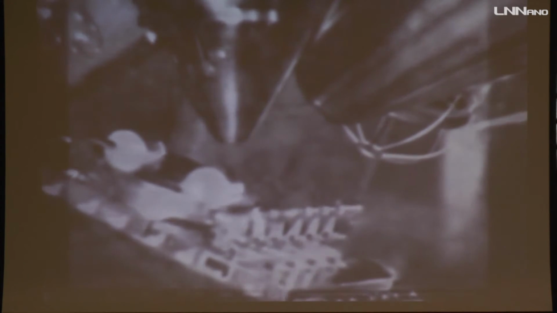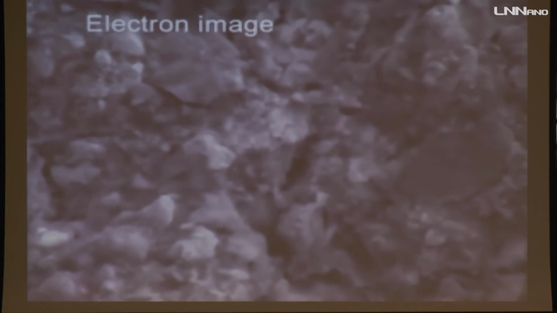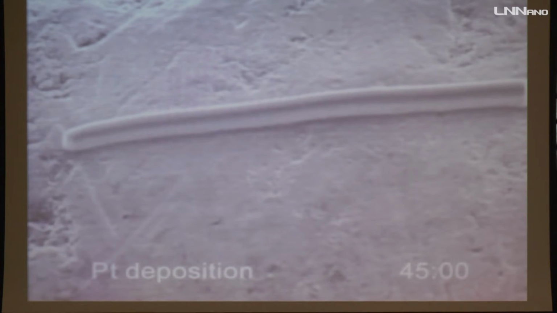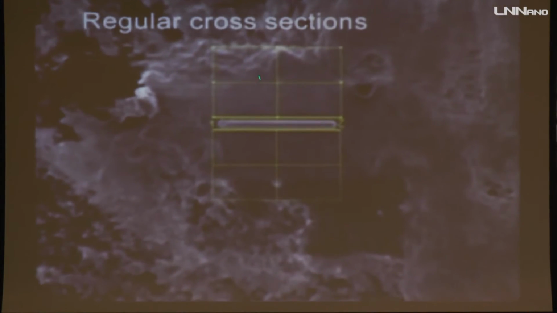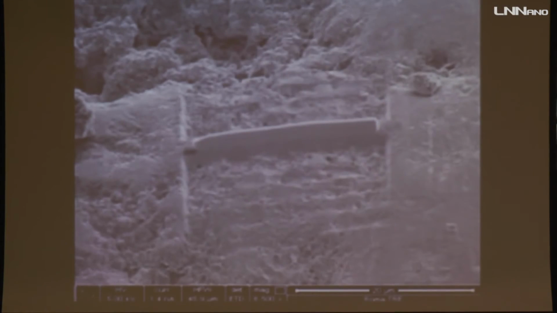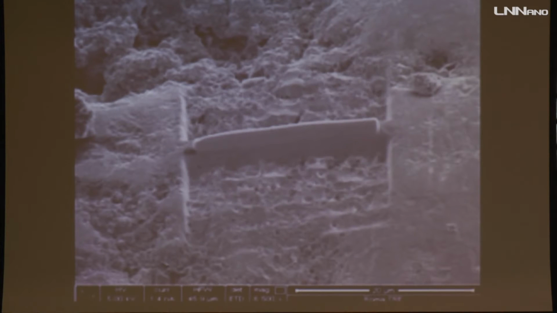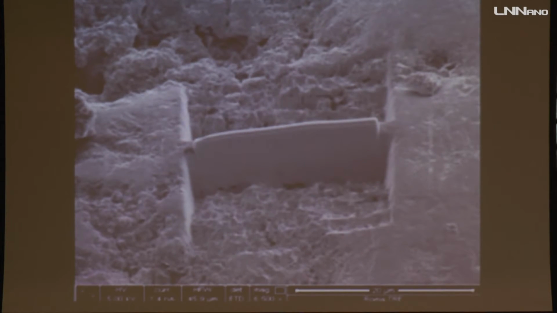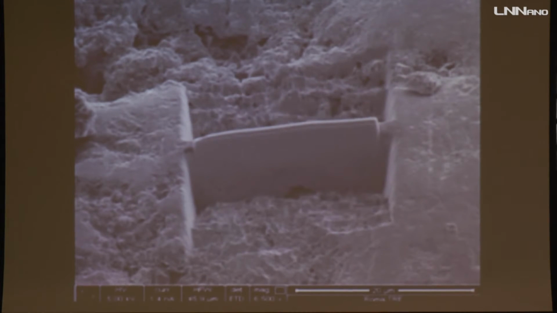Here you have both the ion source and the electron source. Here you do the platinum deposition, that bar that you need to do. Here, you start the regular cross sections. The idea is to make trenches on both sides of the lamella that you want to study, the cross section.